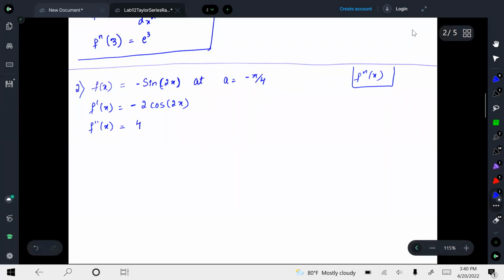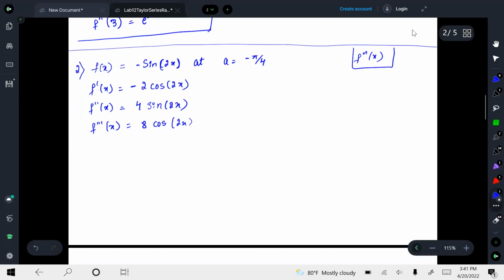That will be equal to 4 times sine of 2x. And if you find f triple prime of x, you get 8 cos of 2x. So we get alternating sine, cos, sine, cos.